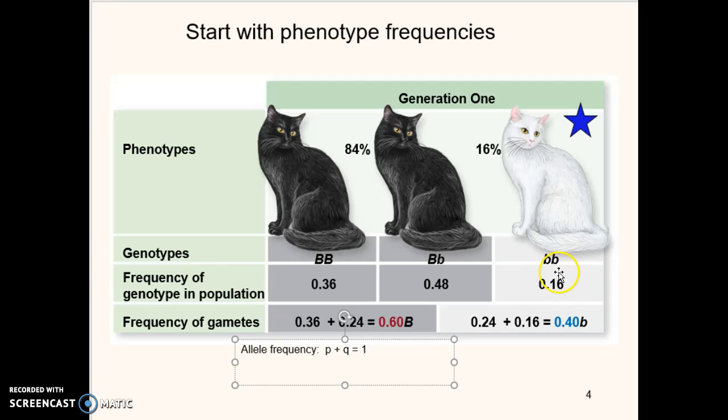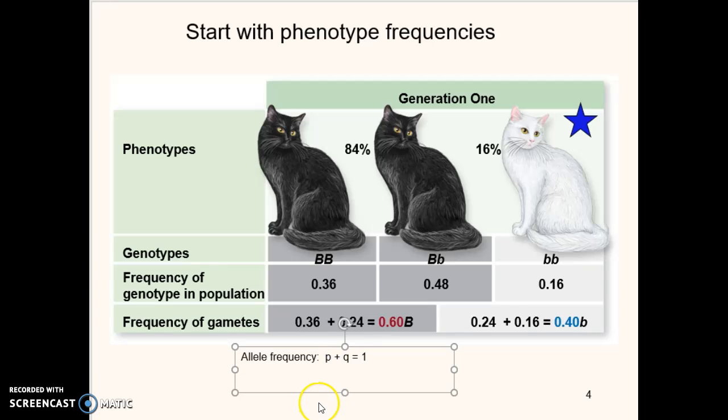So if you took the square root of 0.16, you would have the frequency of Q. You plug that in there. With that, you can solve the equation to determine the frequency of P. So again, you guys will do this in lab. I just wanted to introduce it now so it doesn't look so crazy and unfamiliar when you get into lab.